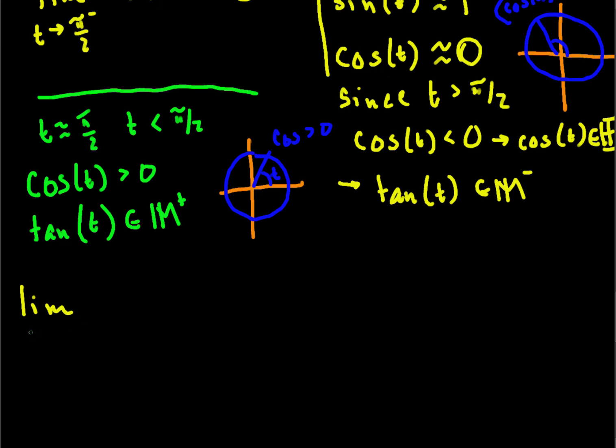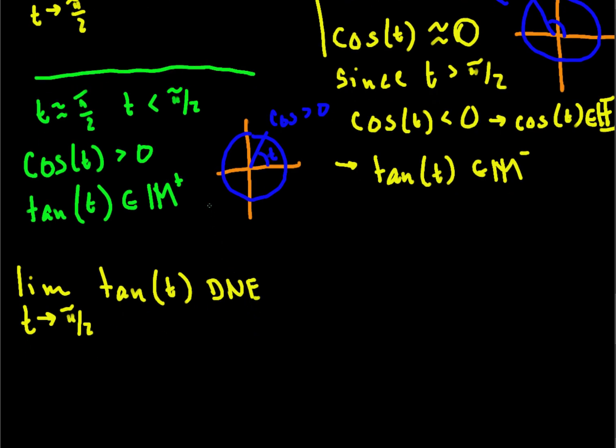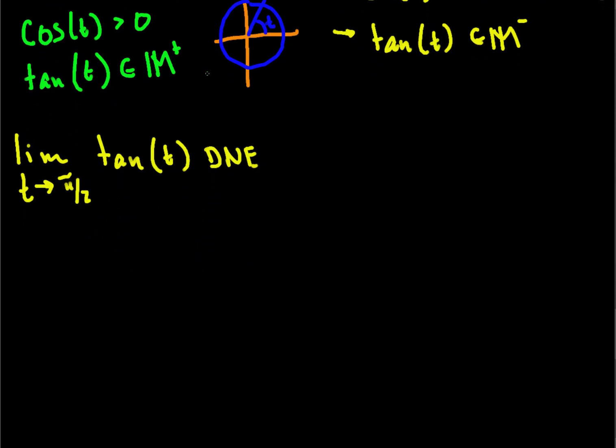Putting that together, we would say that in general, the limit as t approaches pi over 2 of tangent of t does not exist. It doesn't even approach one of the two infinities. That shouldn't be too terribly surprising. Hopefully you know what the graph of tangent looks like. We've got asymptotes, in particular at pi over 2.